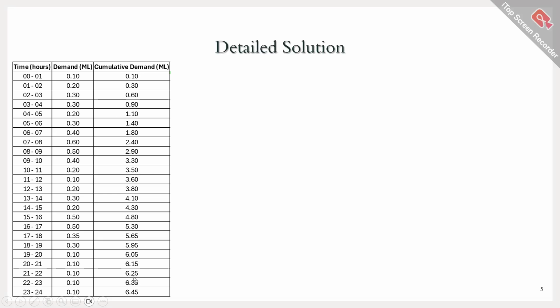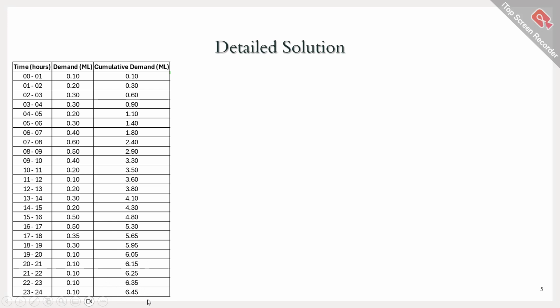So in this way, let's say at the 22nd hour, the cumulative demand will be the cumulative demand of the 21st hour plus the demand of the 22nd hour, that means 6.25. For the 23rd hour, it will be 6.2 plus 0.1, 6.35. At the last hour, that is the 24th hour, the cumulative demand will be the cumulative demand of the 23rd hour plus the demand of the 24th hour, that means 6.45, and it is also the sum of the total demand because we are just adding this way.